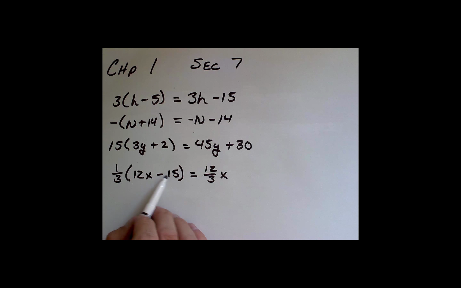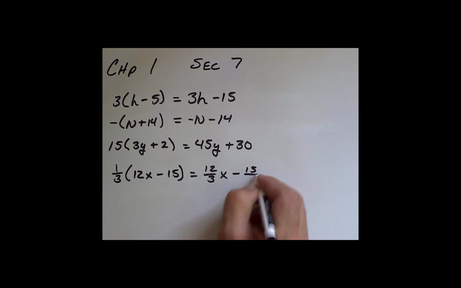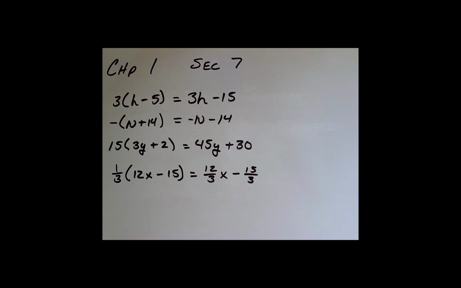And then the same would happen here. 15 times the numerator, and then over 3. So this would be a minus 15 over 3. Does 3 divide into 12? Well, sure it does. It goes in 4 times. So we can divide 3 into 12. And really, what a fraction is saying is 12 divided by 3.